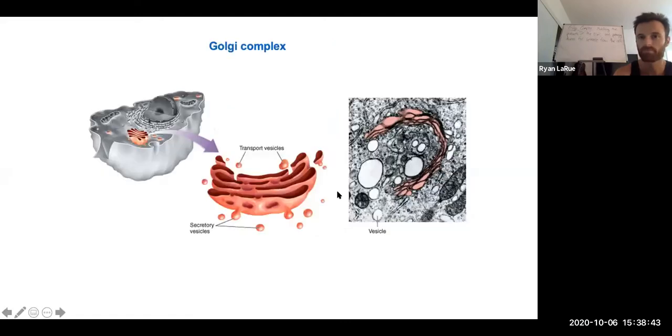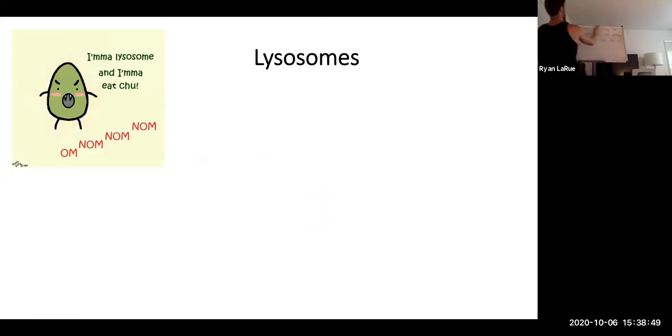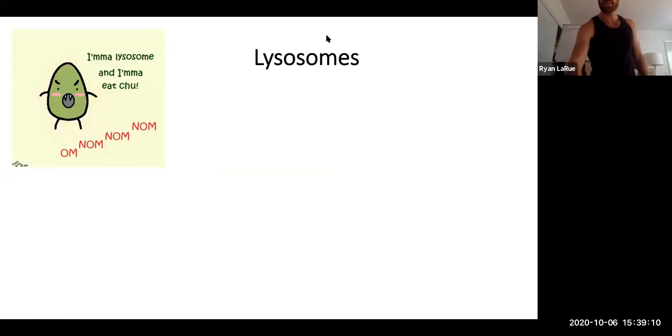Organelle, the lysosome. Okay. Now, the lysosomes are interesting. They have a very unique function.